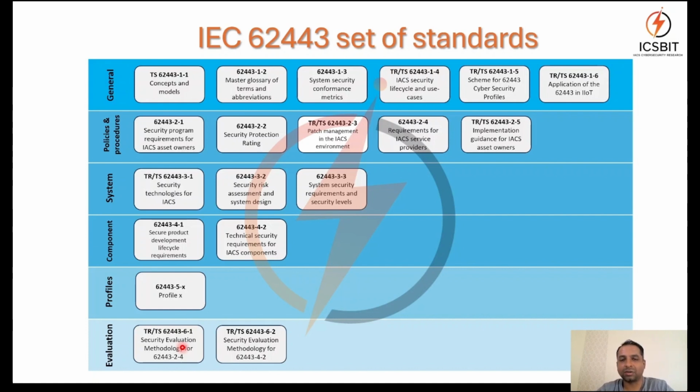Now it's basically to bring the assessment into a uniform approach. So all the assessors, or accreditation labs who are certifying the service providers, have a uniform approach. Likewise 6-2, that is security evaluation methodology of 4-2, again for the devices, the approach is streamlined here.